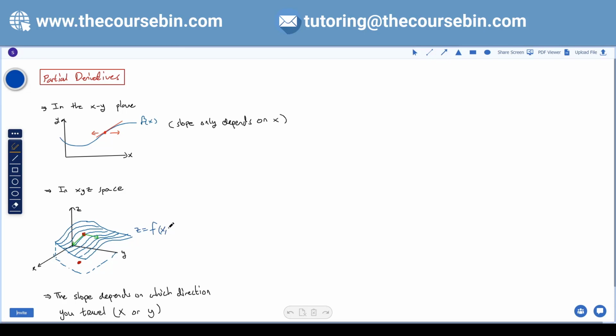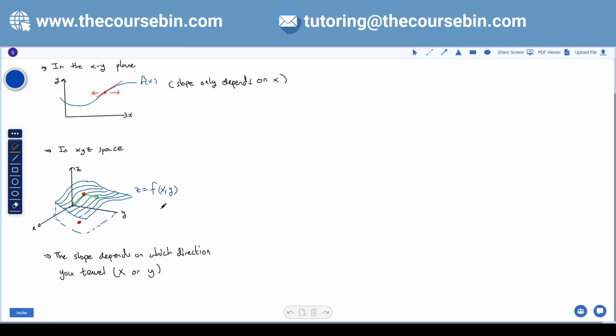Wait, so you said f of x, y is the slope for x and y? No, f of x, y is the function. The slope is the partial derivative.